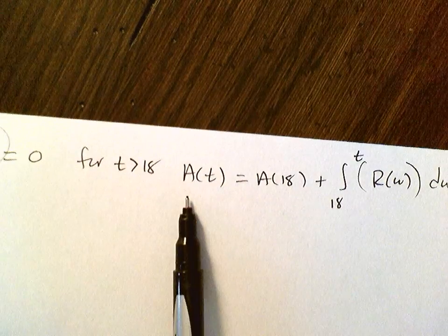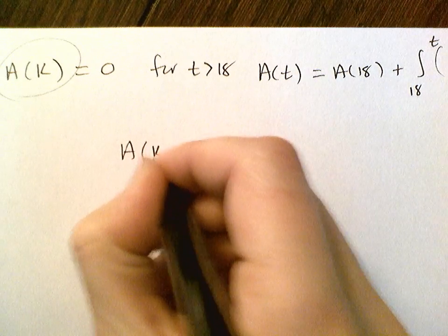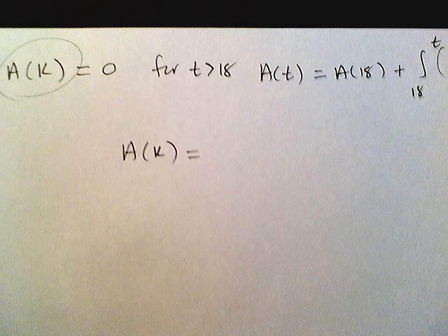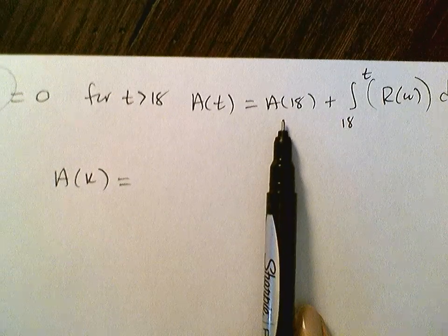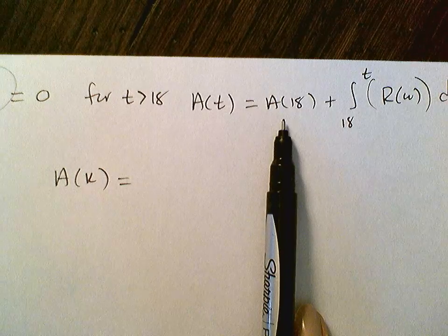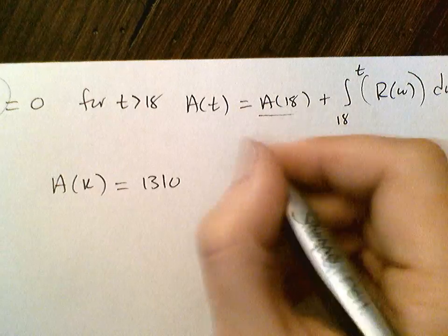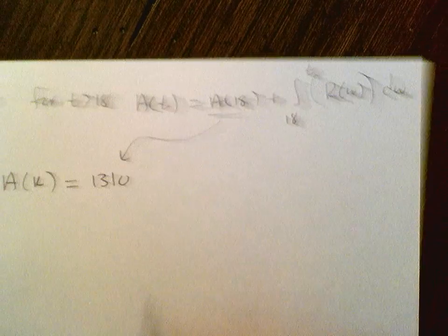So I've got to get k in here. I'm going to write that A of k is equal to A of 18. I already found that, like in the candidates test, and we also found it in part B, but it's 1310. So that's what that is right there.